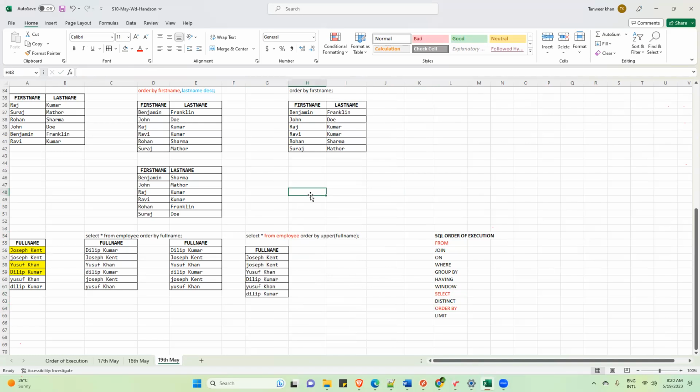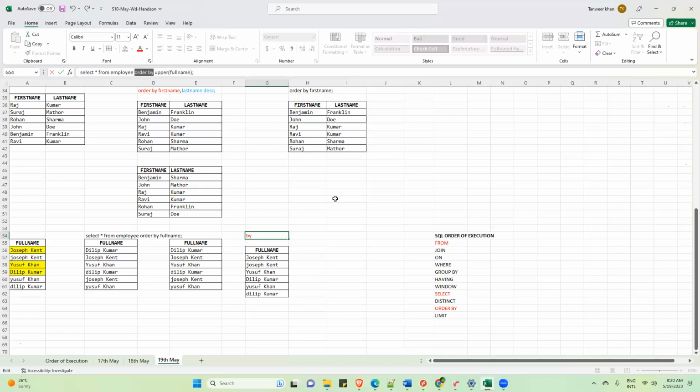What is the meaning of order by? To sort the data in a particular order, either ascending or descending. The moment the engine reaches order by, it will understand that the user wants to sort the data. Then the engine will search on which column the user wants to sort. The user has written upper full name.